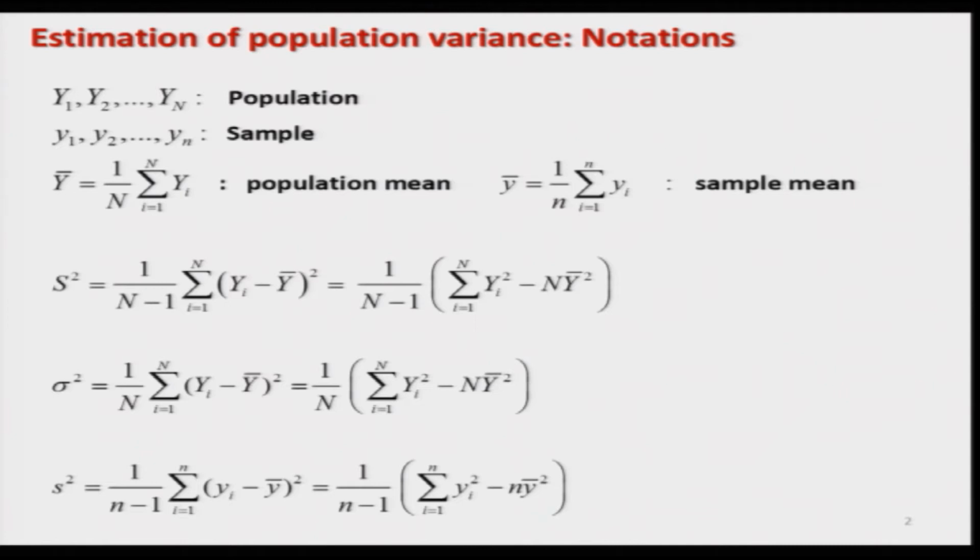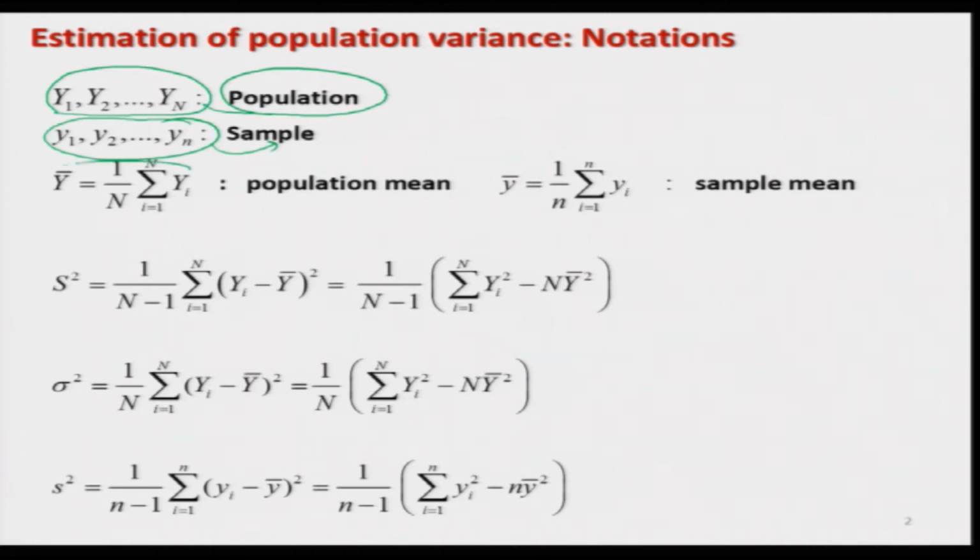That I already have done in the earlier lectures also. So, capital Y1, Y2, YN indicate the population of size capital N, small y1, small y2, small yn indicate the sample values, that is the sample of size small n.